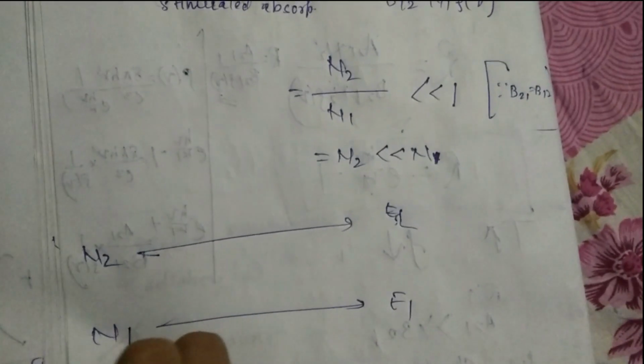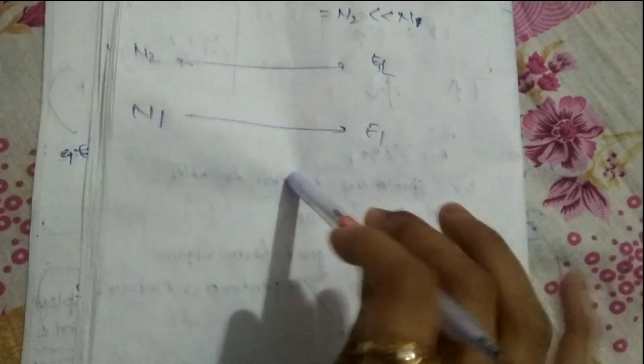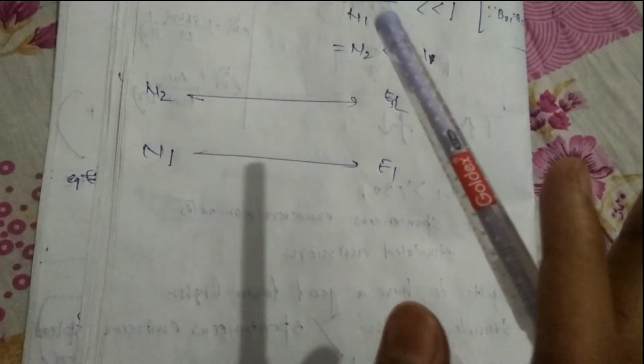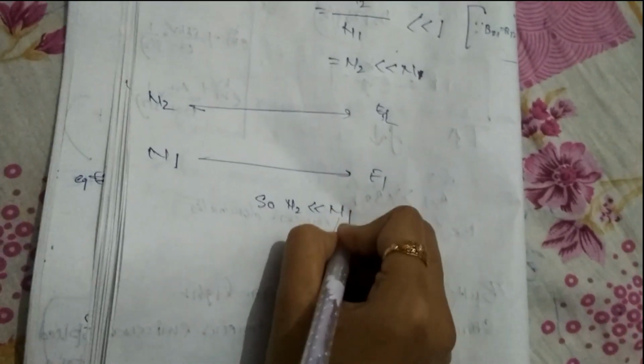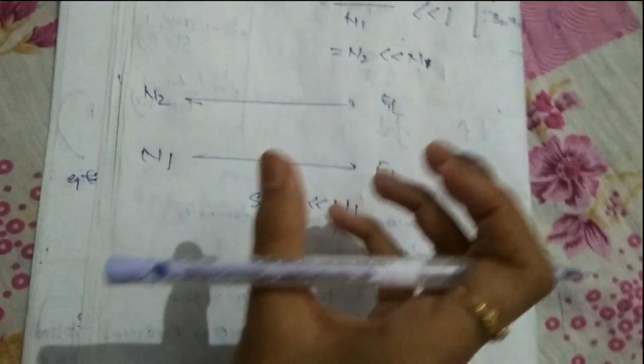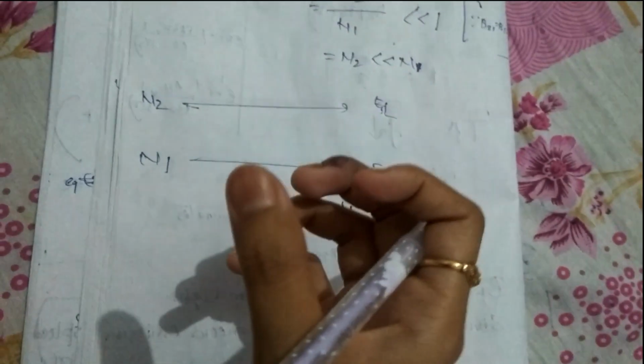Why do I say so? If we take energy levels E2 and E1, with populations N2 and N1, all the electrons present in the ground state will never be excited to the excited state. Based on the supply of energy, only a few will absorb the energy and excite to the energy level E2. So N2 is less than N1. But to produce a laser light, one has to get stimulated emission.